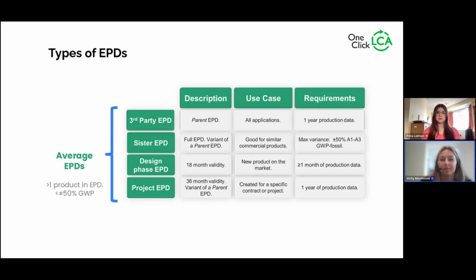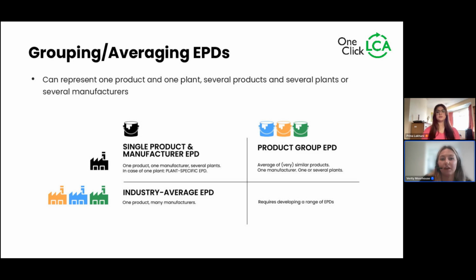And then to add on to that, Prina mentioned averaging. So any of these can be averaged. Averaging can then be for a number of reasons. So you can have just a single product, single manufacturer EPD, or you can have an industry averaged EPD. So that could be where there's lots of manufacturers and you're averaging all of those manufacturers' results into one EPD.